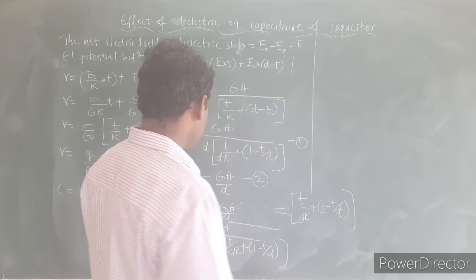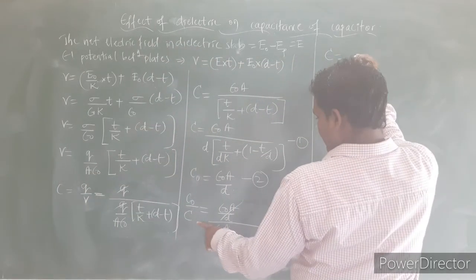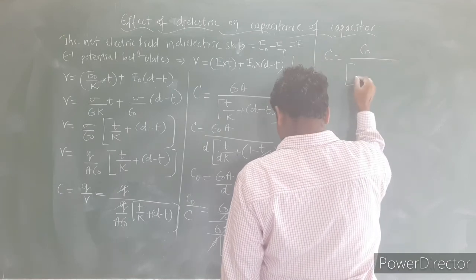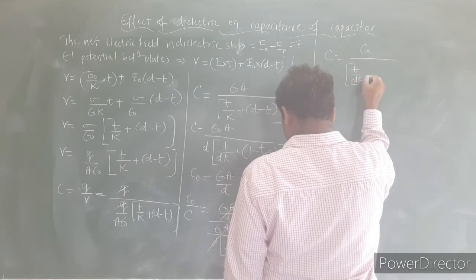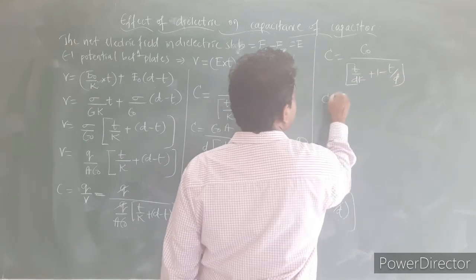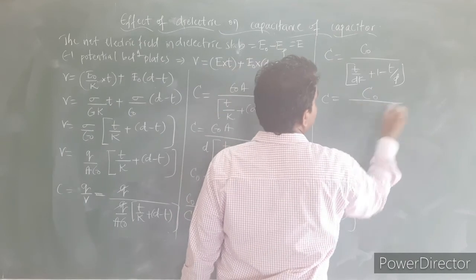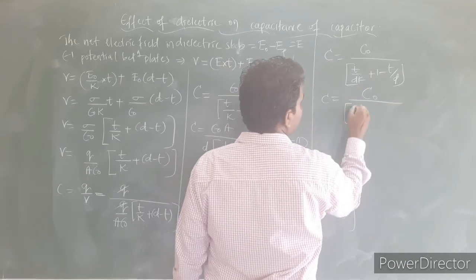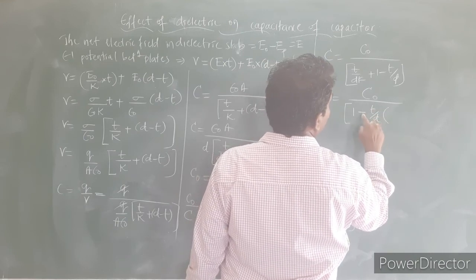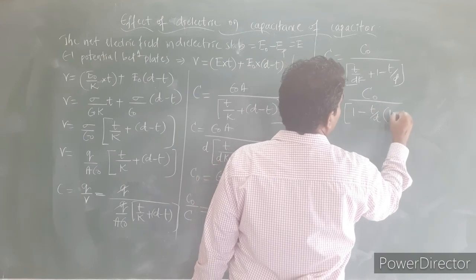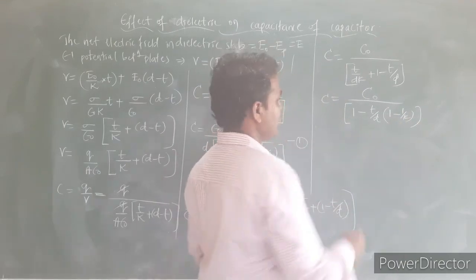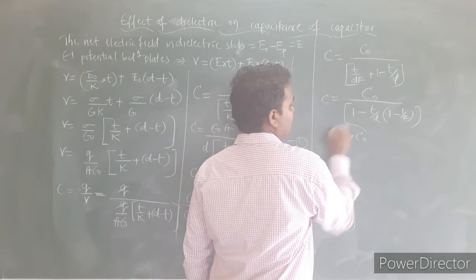This expression I can simplify as C is equal to C naught divided by T divided by DK plus 1 minus T by D. This I can write as C is equal to C naught divided by 1 minus T by D, inside the bracket 1 minus 1 by K. This denominator is less than 1, hence always C will be greater than C naught.